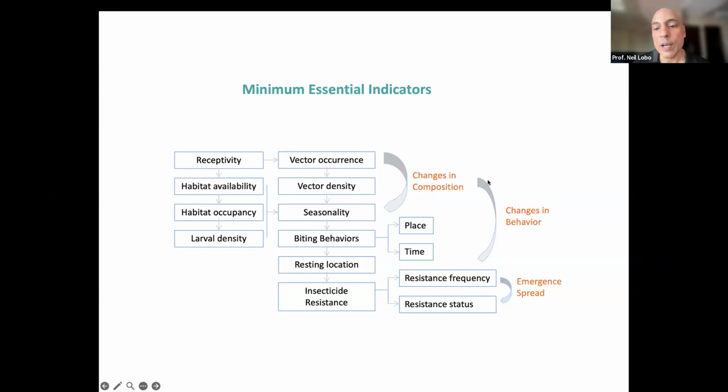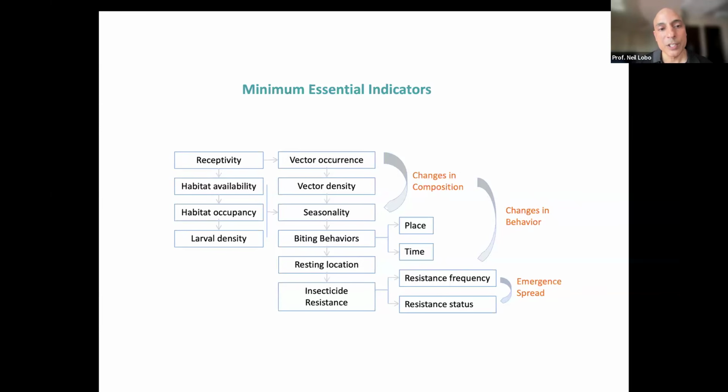And the changes in all these 3 things are dependent on your intervention's mode of action, right? Based on how your intervention functions, whether it's IRS, bed nets, or anything else, your vectors would change differently. The changes in composition would differ, changes in behavior would differ, and your insecticide resistance would be based on the active that you're implementing. Correct? I hope this makes sense.